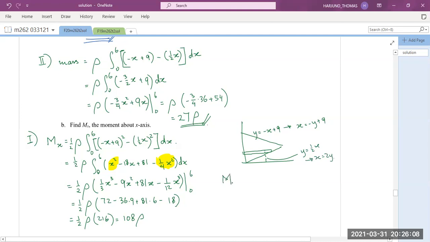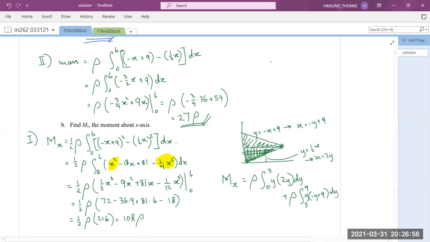Now, the moment with respect to the x-axis is rho times the integral from 0 to 3 of y times 2y dy, plus rho times the integral from 3 to 9 of negative y plus 9 times y dy.